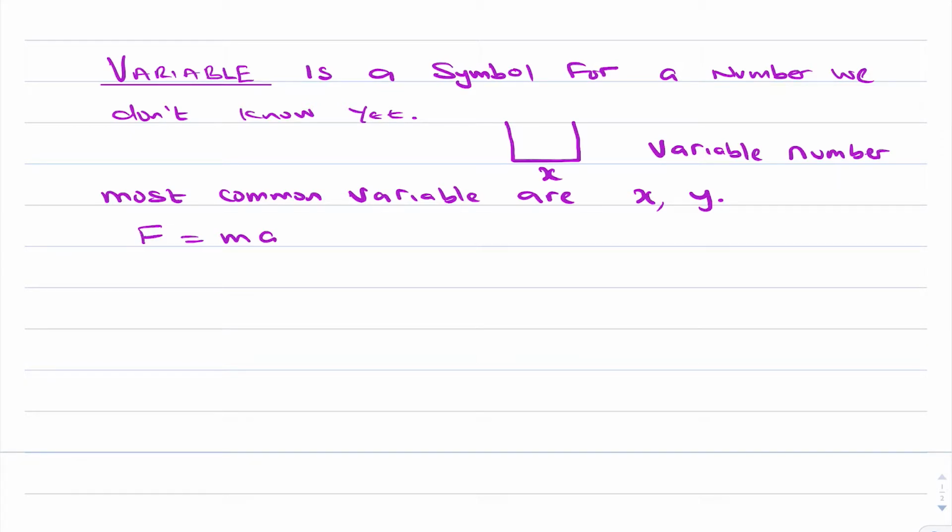Another one you may have seen will be things like Y equals X squared, or Y equals 2 to the power of X. So the variables in this case are X and Y.